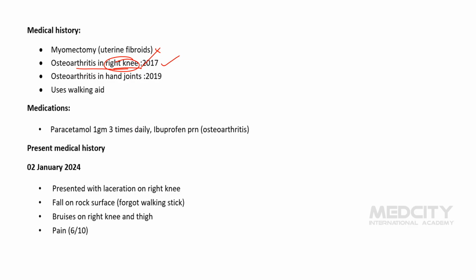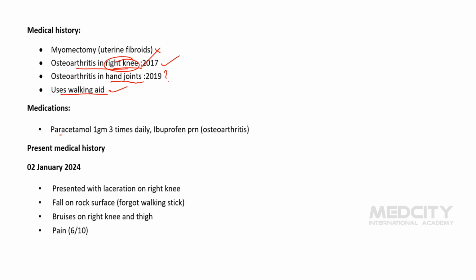Osteoarthritis in hand joints is not that relevant, but since both are osteoarthritis, you may consider this a semi-relevant detail. Uses walking aid, of course you have to say that, because if you read the entire case note during the 5 minutes of reading time, you would have understood that the patient had a fall because she didn't carry her walking aid. So this has to be mentioned.